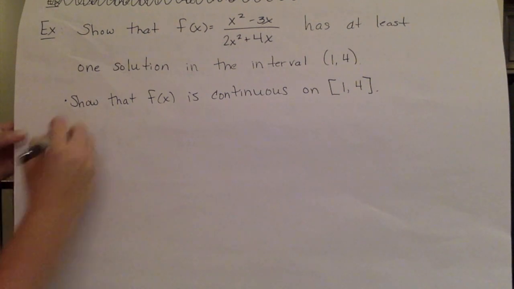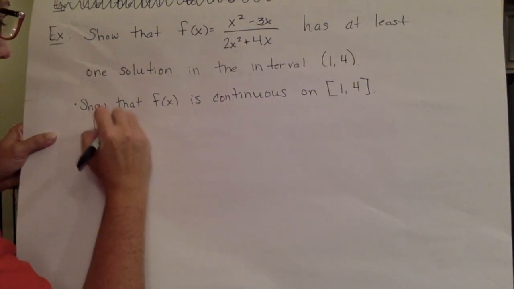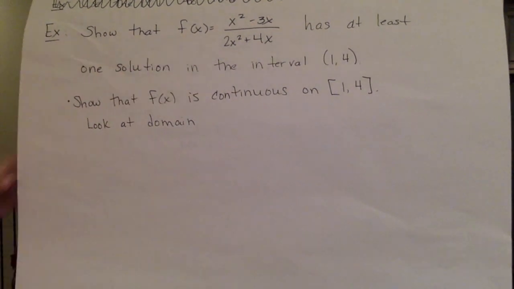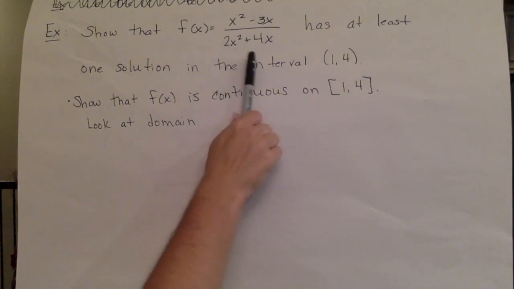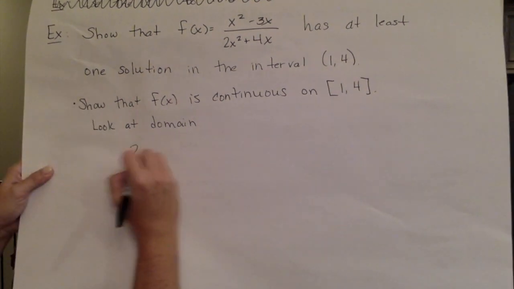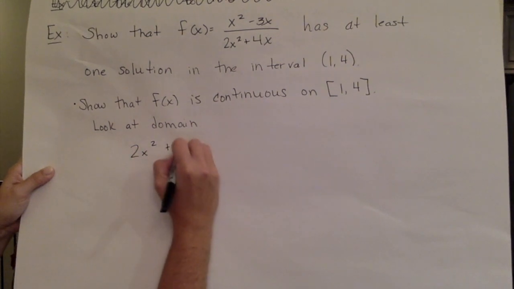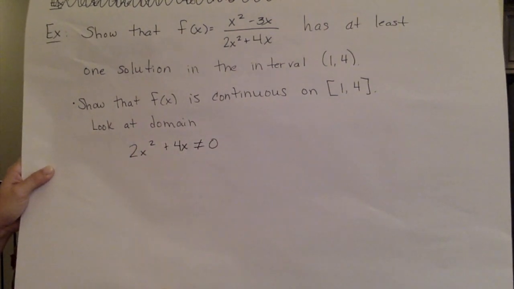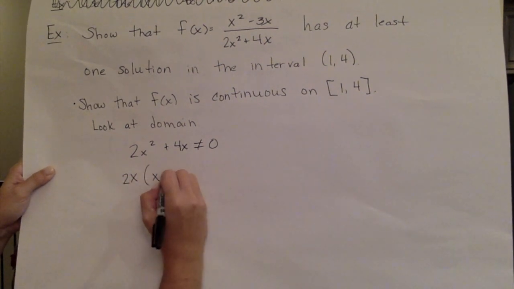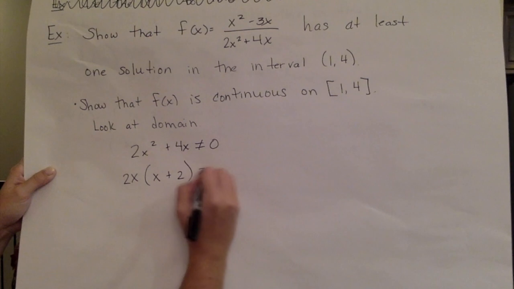And we can do that by looking at the domain. If we look at the domain, we know that we have a rational function here, and we know that we can't have 0 in the denominator. So we might say that this denominator, 2x squared plus 4x, cannot equal 0. We can factor that by taking out a 2x, leaving me with x plus 2.